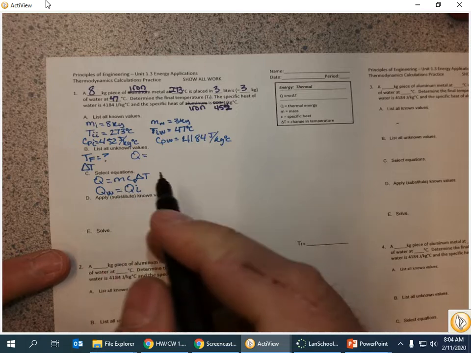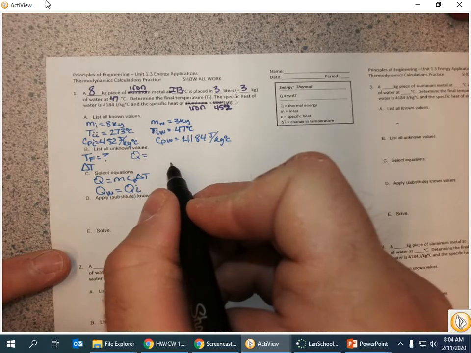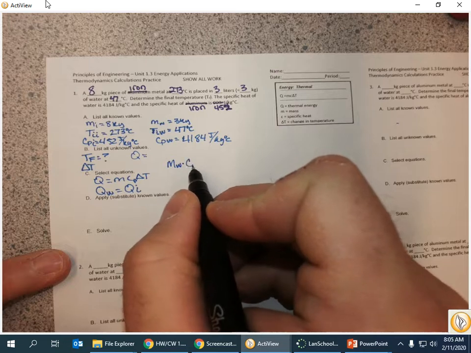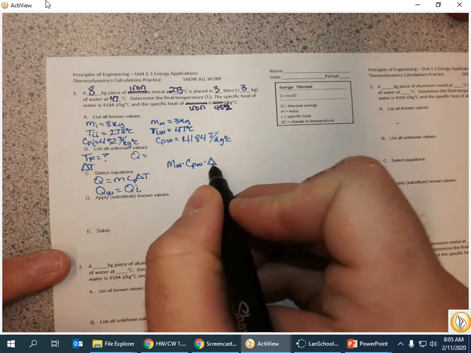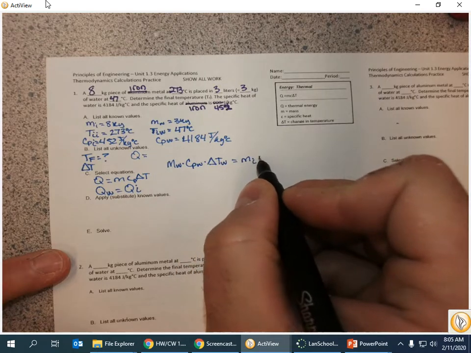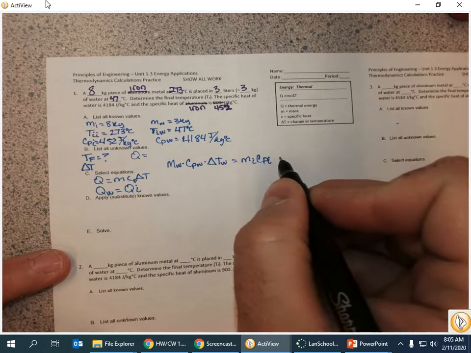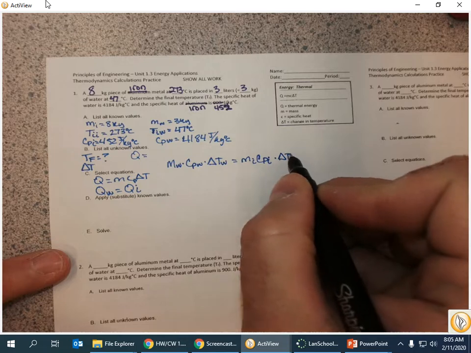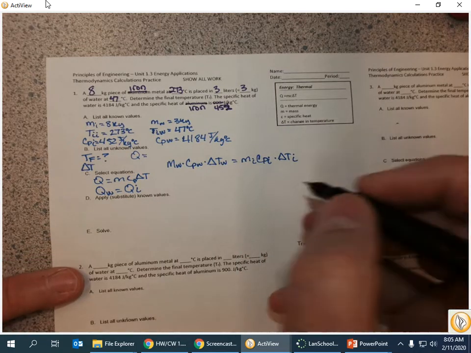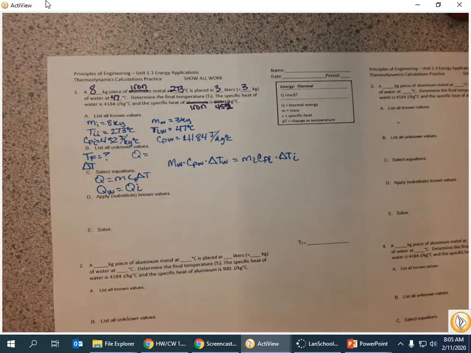So the formula I'm going to use is going to basically say the mass of the water times the specific heat capacity of the water times the change in temperature of the water equals the mass of the iron times the specific heat capacity of the iron times the change in temperature of the iron. The mass of the water is very simple.